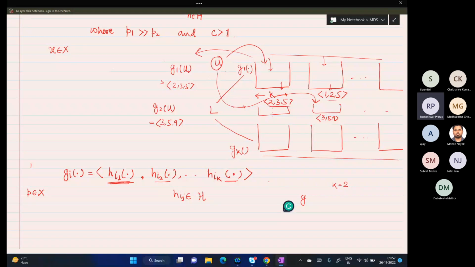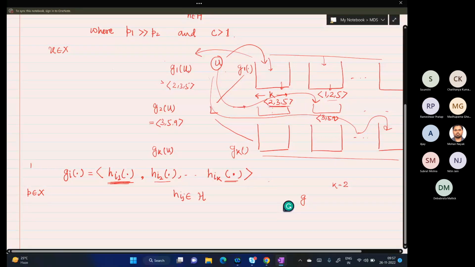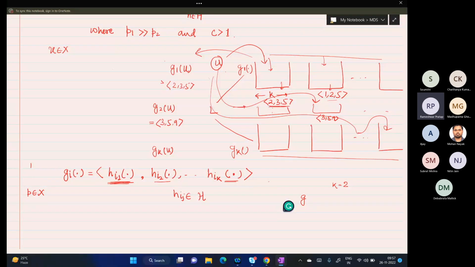Finally, we'll calculate gK of u, and again we map u to that particular bucket. So every point is mapped to L buckets, one bucket in each row.